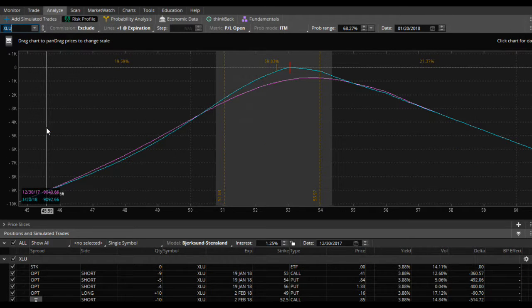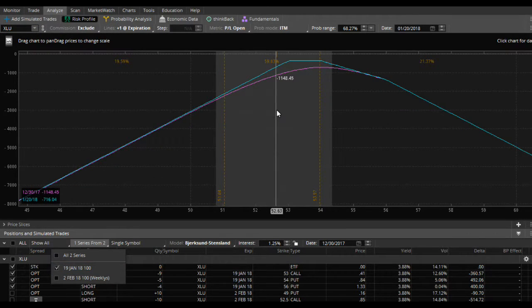Okay, so in XLU, we adjusted this position quite a few times last week. In order to understand XLU, you're going to need to go back to that security. Actually, I'm just going to move to the January 19th expiration. We have banked about $540 in profit on XLU already.